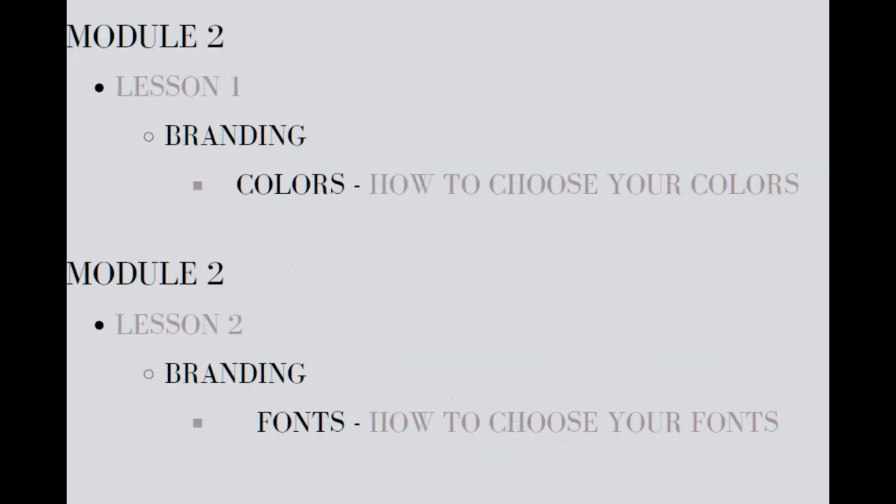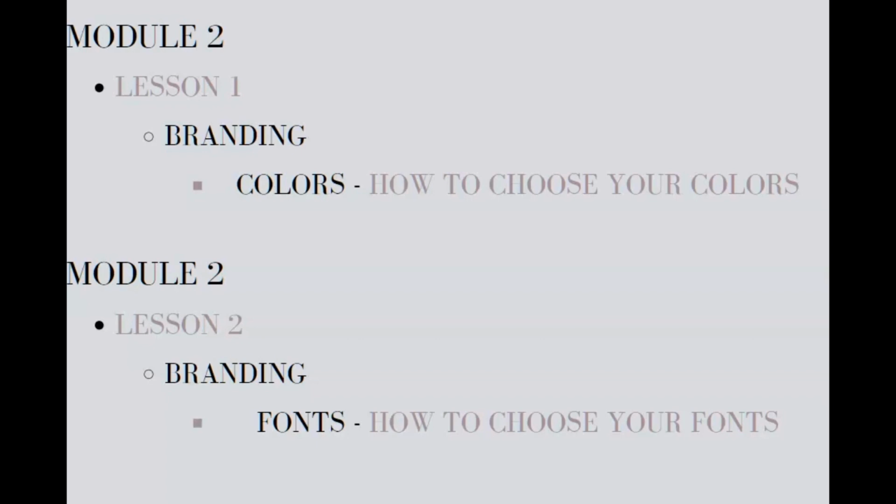Then on Module 2, I know that my next step was branding. Okay, so Module 2, Lesson 1, branding. I have to go through colors and how to choose your colors and go through all the things that they can do and how to do it, how to change it on Squarespace, how to mix and match, what else they can do to find the perfect color.